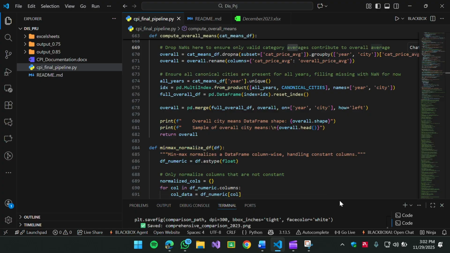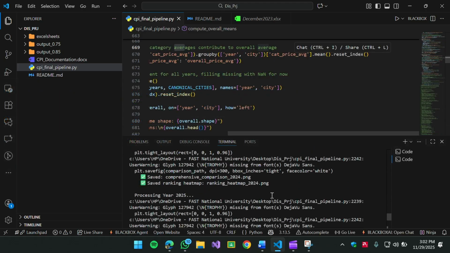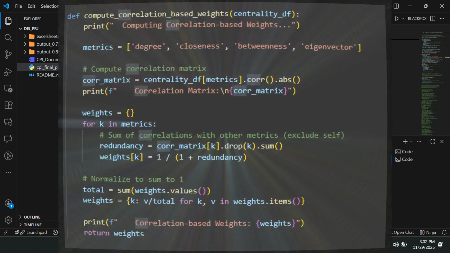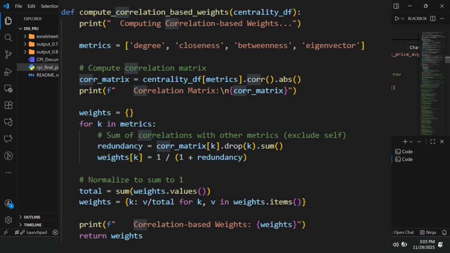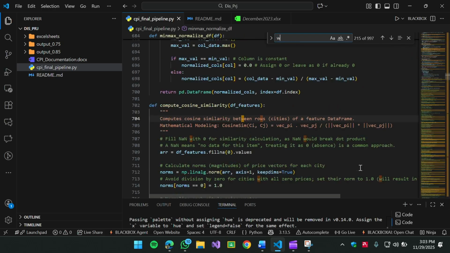The first one was equal weighting, where each centrality measure is treated equally. Secondly, we use correlation-based weighting, which computes pairwise correlation among all centrality measures across cities.